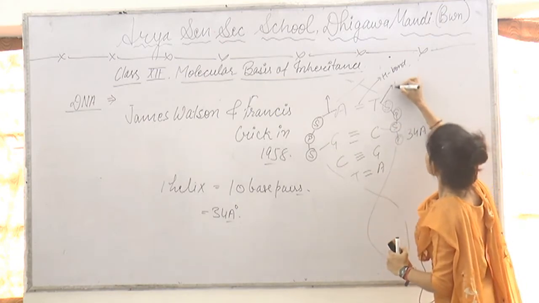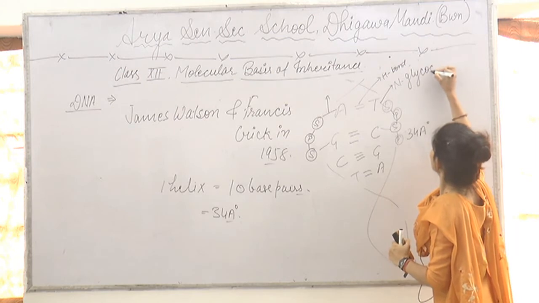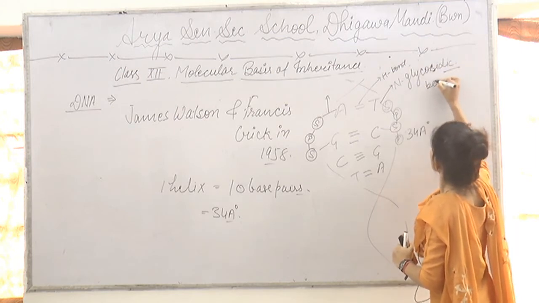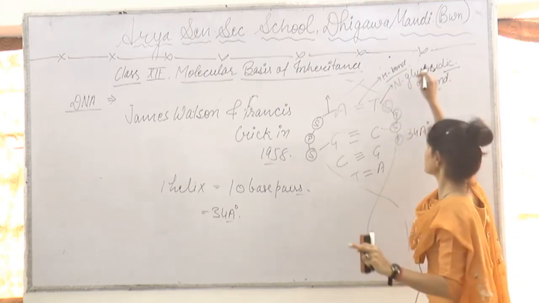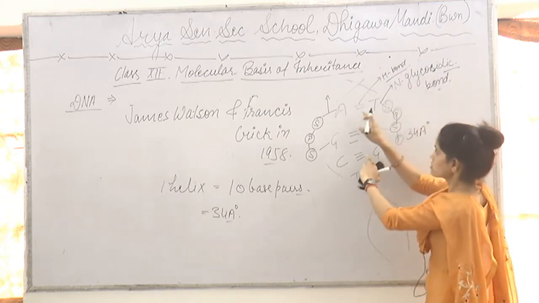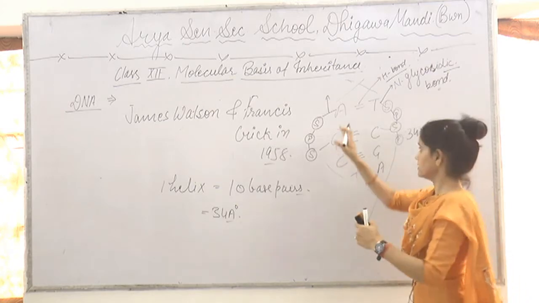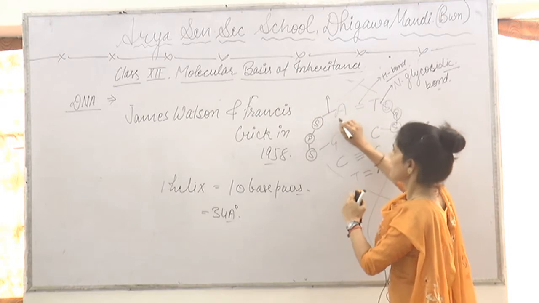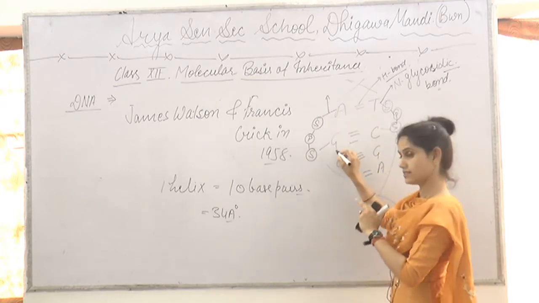This bond is N-glycosidic bond. We covered two types of bonds. One is hydrogen bond and another one is N-glycosidic bond. Hydrogen bond is present in between both of the complementary strands, and N-glycosidic bond is present between pentose sugar and nitrogenous base.